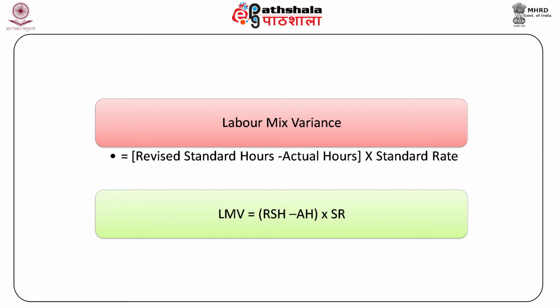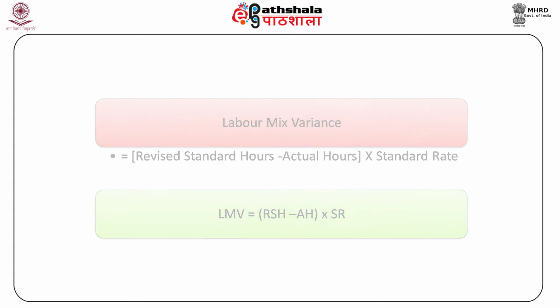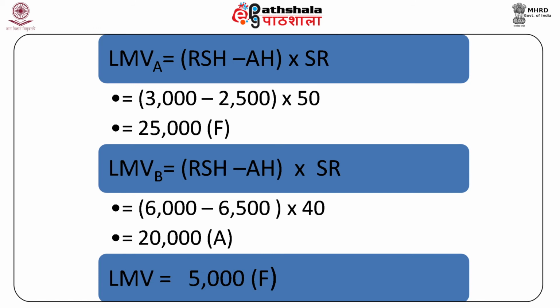RSH for B is equal to 4000 upon 6000 into 9000, making it 6000 hours. LMVA is equal to RSH minus AH into SR. Putting the figures in the formula, 3000 minus 2500 into 50 will be equal to 25,000, which is favorable.